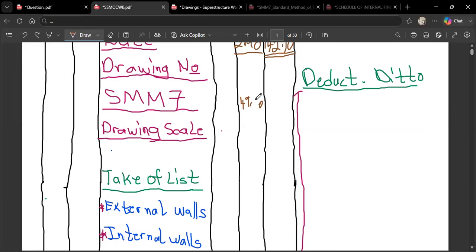Very good. So, 0.23. Exactly. So we just multiply, and if you multiply, I'm going to get 11.27.